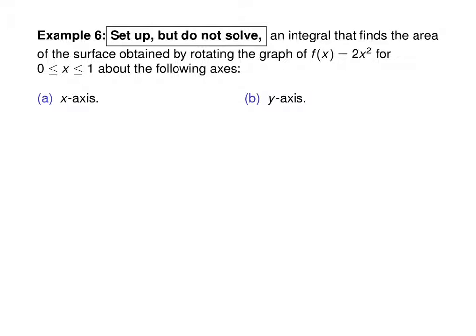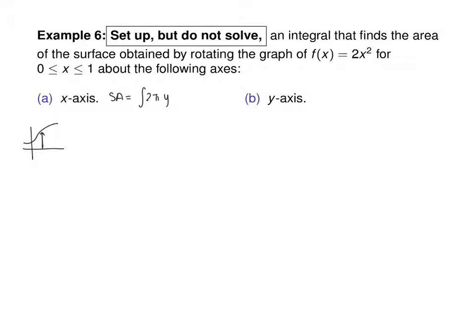In this unit, we also found formulas for the surface area of solids of revolution. So in general, if you spin about the x-axis, the surface area will be given by the formula 2 pi y.